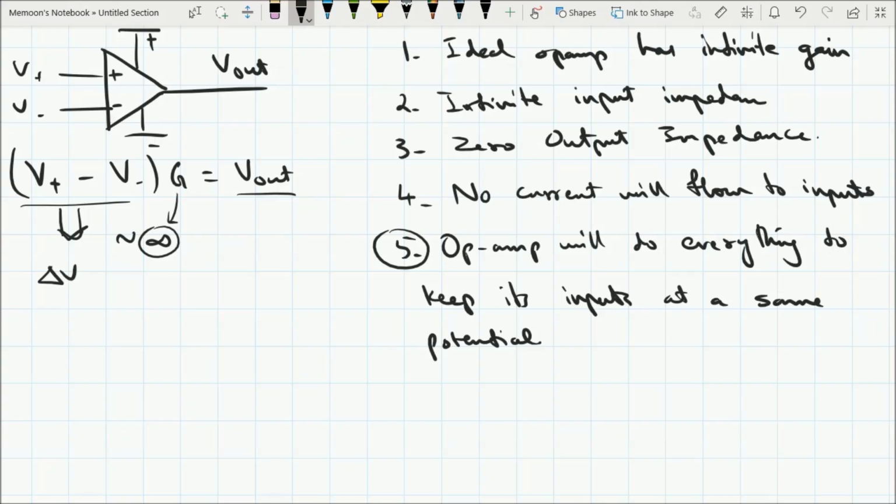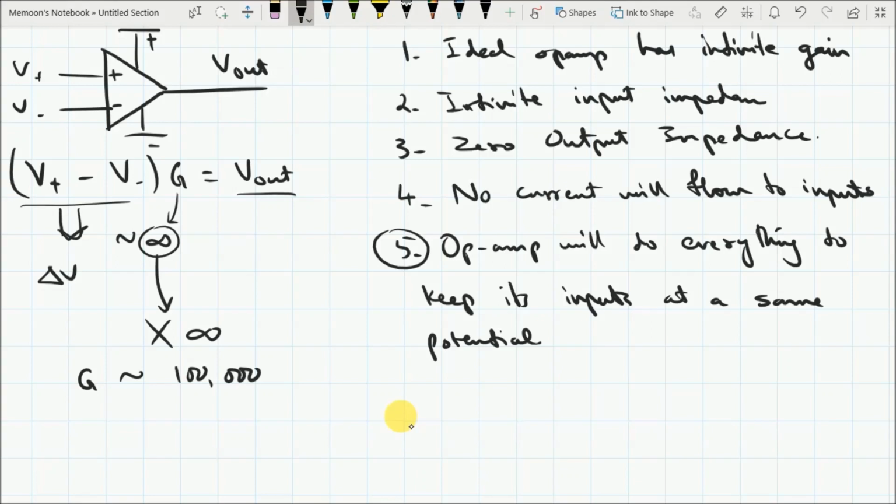Now, this is the ideal operational amplifier. But we know that in reality, an infinite gain is not possible. It must be of some value, maybe a very, very high value, but infinity is not possible. So in reality, this gain is not infinity, but it is very, very high, nearly more than 100,000.